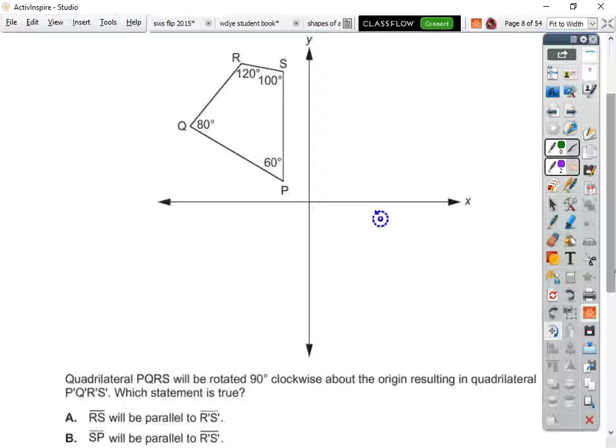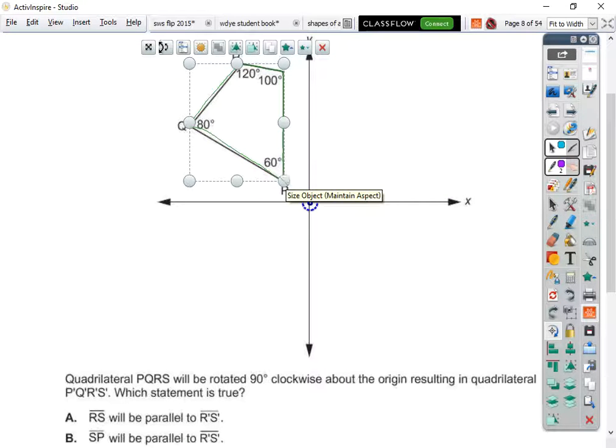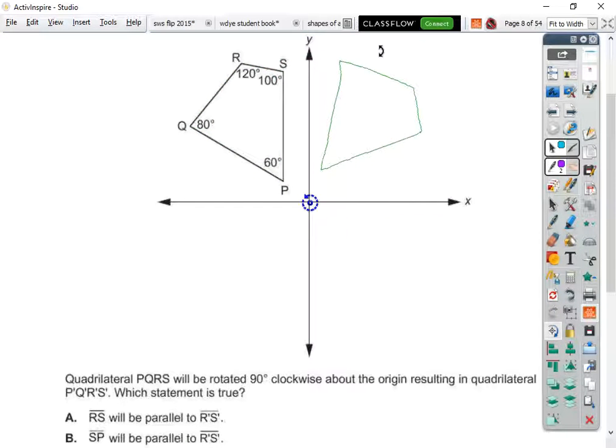Okay, so let's go ahead and do this. Just make life easy. So I'm going to draw this shape. Now, if I were you, I would just take my paper and rotate it. But since that was such an arduous thing to do last time, let's just draw. So I rotate it 90 degrees clockwise again. This looks something like that.